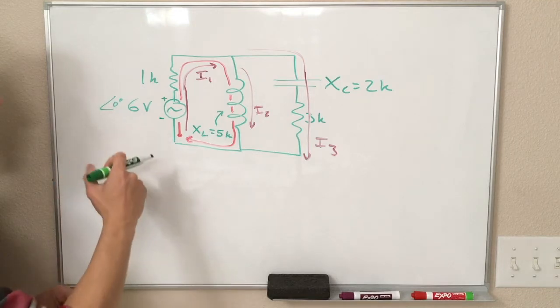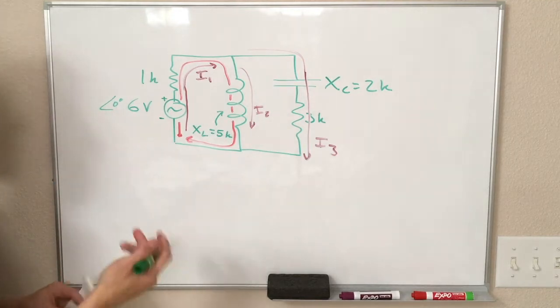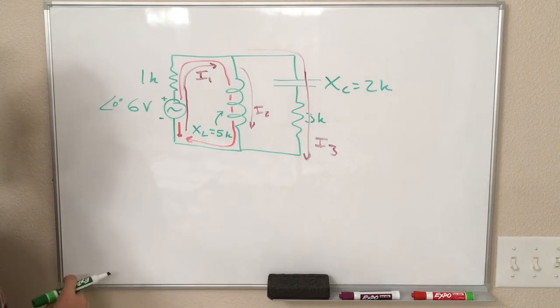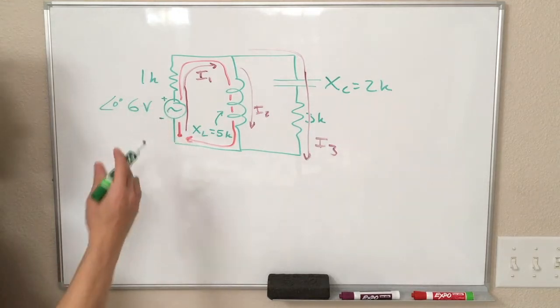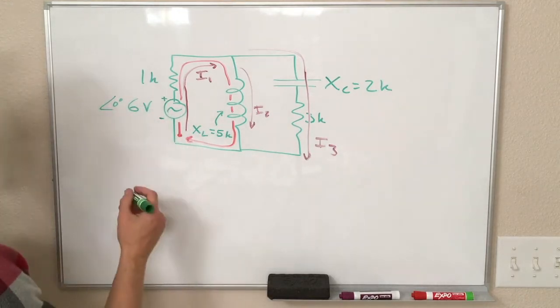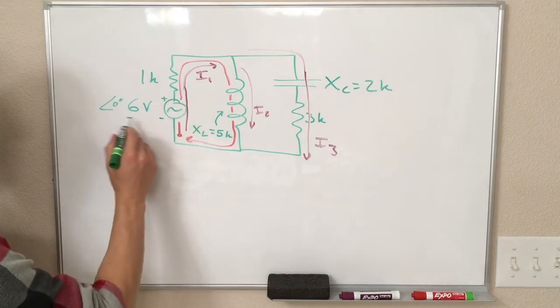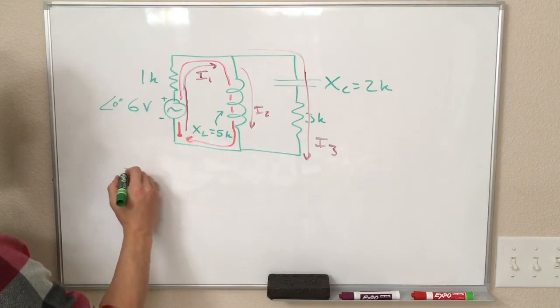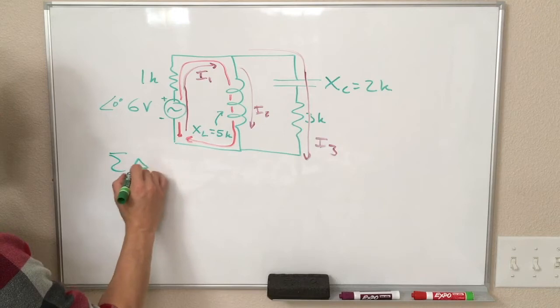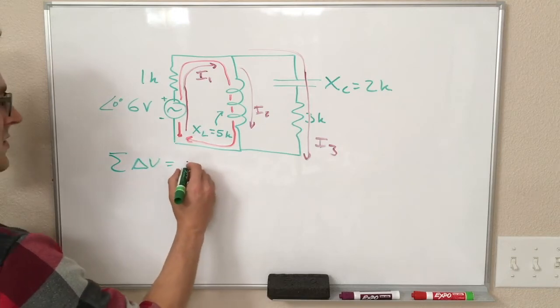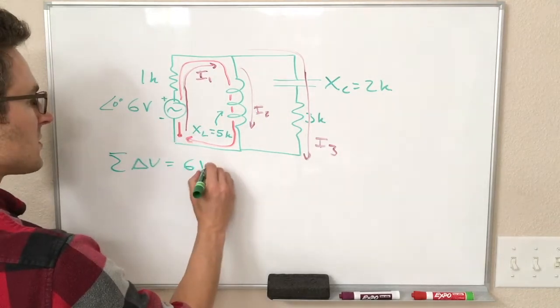If we're not told that, we're just going to assume that this will be what we are measuring things relative to in terms of the phase. So going from here to here, we have 6 volts at 0 degrees. So we are summing all of our delta V's, right? So this is equal to 6 volts.